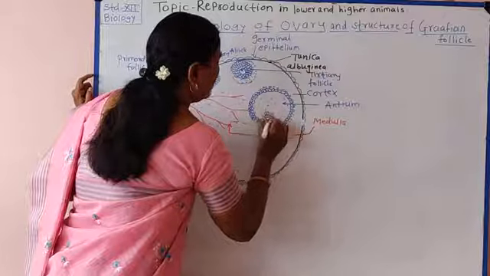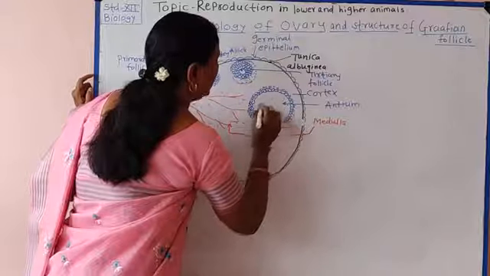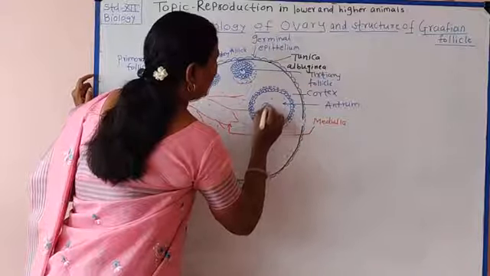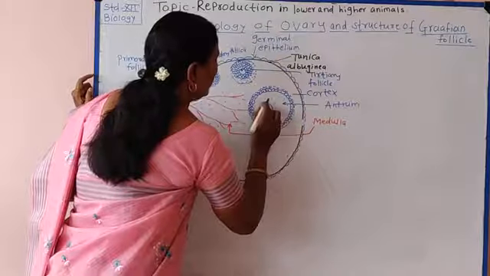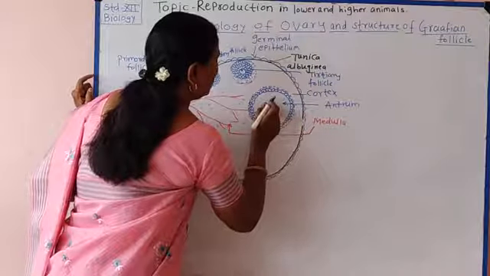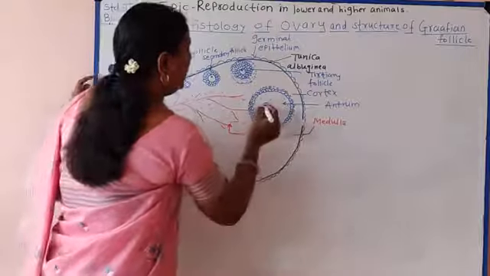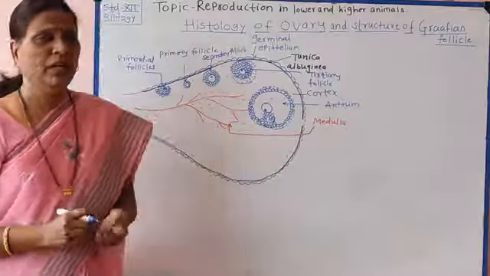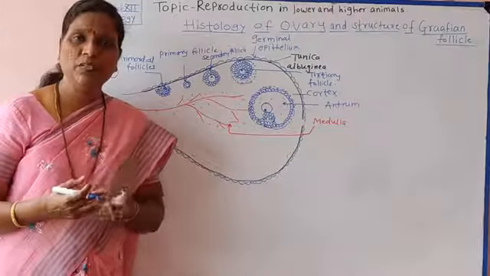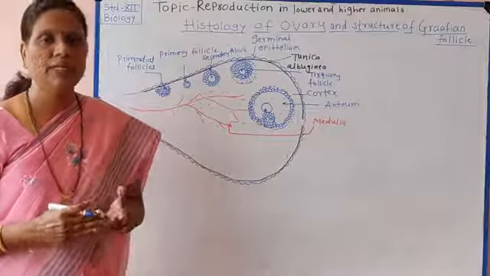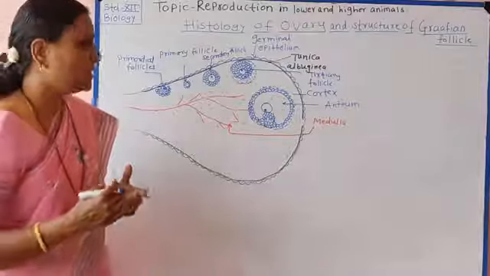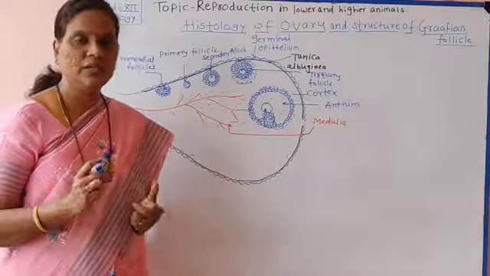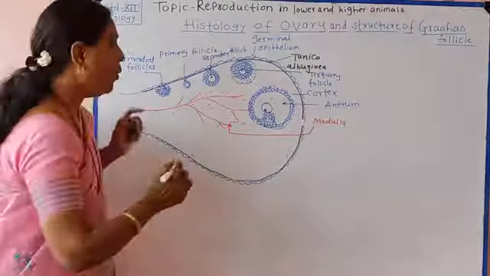This is the secondary oocyte, which was the primary oocyte, now called a secondary oocyte because the first meiotic division takes place and it divides into two structures, that is the large secondary oocyte and one polar body.